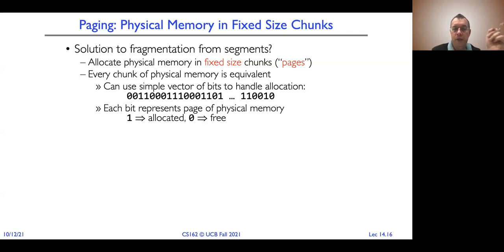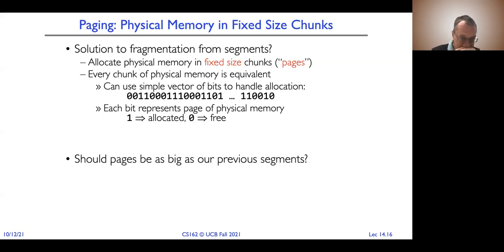The value 0 means the page has not been allocated from the physical memory, and 1 if it was allocated. So if you want to find a page in physical memory you can allocate, you just find a 0 in this bit vector. Okay.